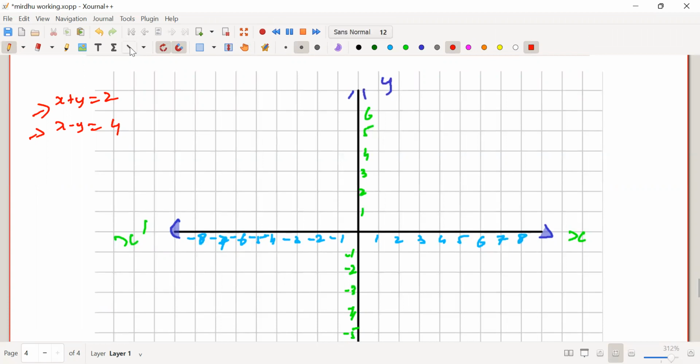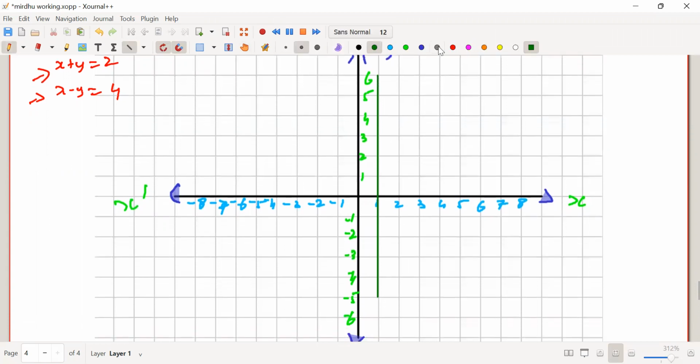If x equal to 1, this is the line which is x equal to 1. Then if x equal to minus 5, this is the x equal to minus 5 line. Then x equal to plus 6.